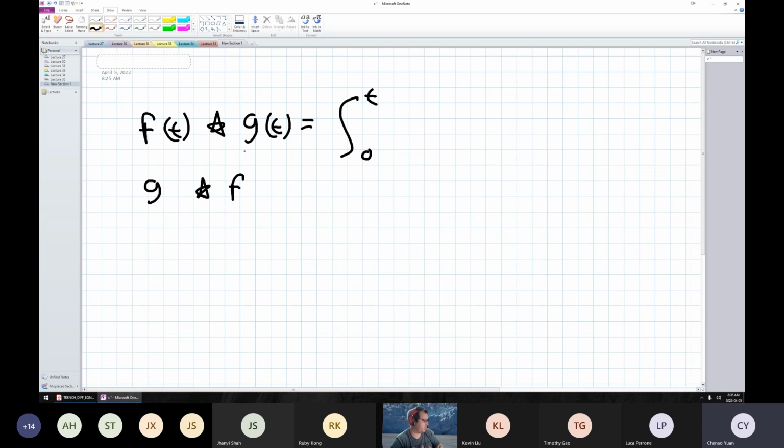You just have to make sure you shift one of the two, right? So we integrate with respect to a new variable tau. One of these terms will just be f of tau. In the other term, we flip and negate, so we take g of t minus tau.